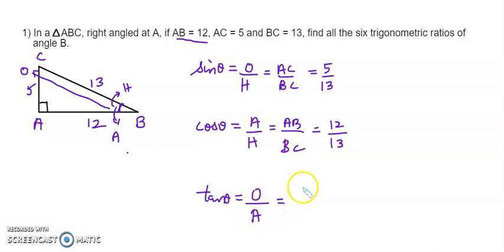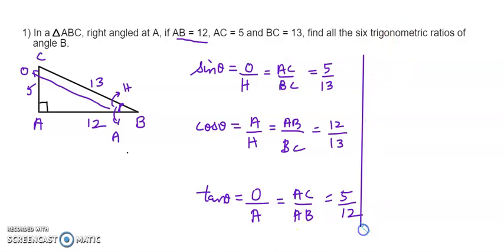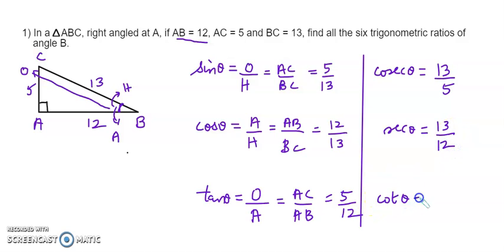Which is equal to AC upon AB, which is 5/12, right? Now, the reciprocal of sine is cosec. So just put the inverse of this, 13/5. Sec theta is hypotenuse upon adjacent, just the opposite of cos, 13/12. And cot theta is just the opposite of tan, which is 12/5.